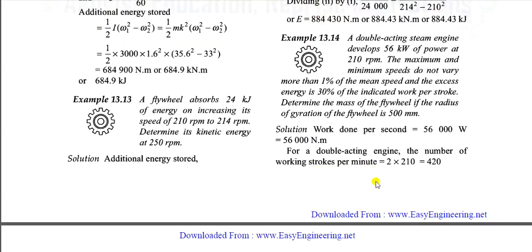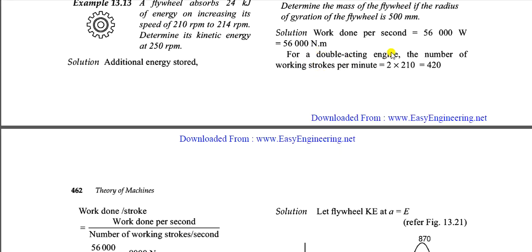So for a double acting engine, how many working strokes does it complete per minute? What was the speed? 210 revolutions per minute. In 1 minute, 210 revolutions. So how many strokes in 1 minute?